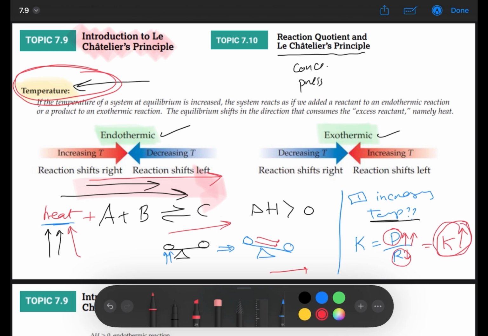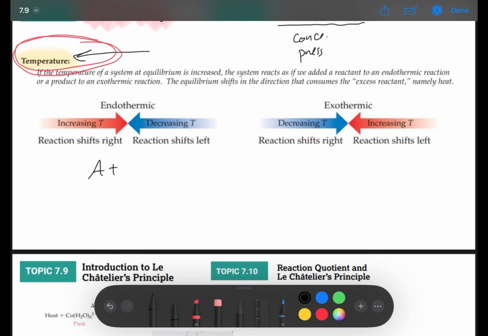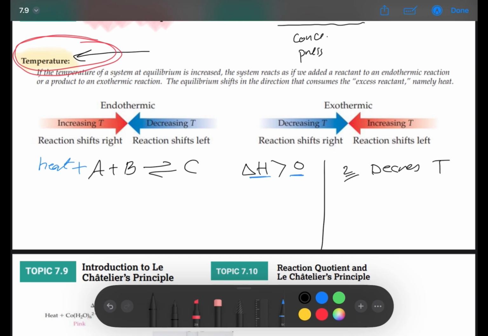Now let's take it the other way. What will happen if we have the same reaction but I'm decreasing the temperature? A plus B gives C, and delta H is greater than 0. Since it's greater than 0, it means it's positive, which means the heat is on the reactant side. What will happen if we decrease the temperature?